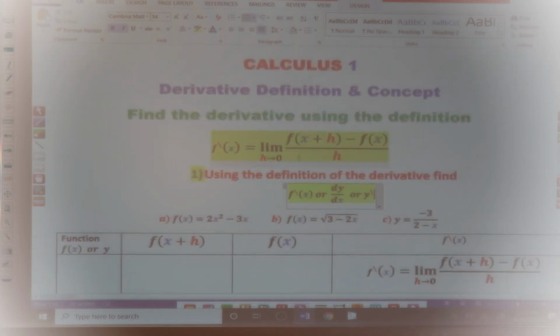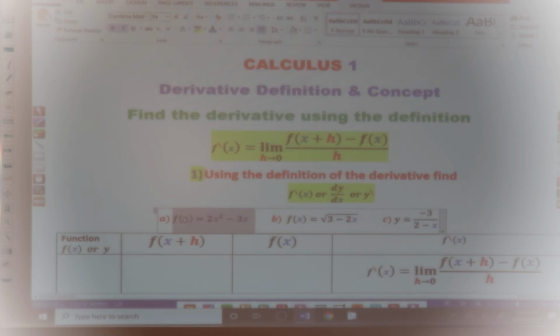Now let us see how we apply this formula to find the derivative for these three functions, a, b, and c. Usually in your test you're going to have one of these formats: a quadratic function, a square root function, or a rational function. This is a quadratic, or second degree function.